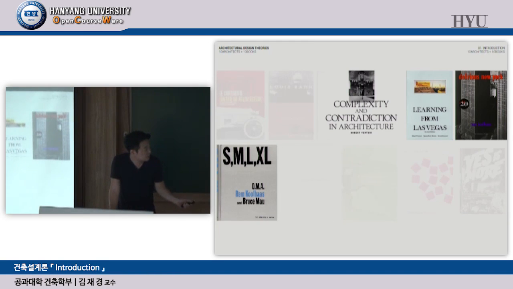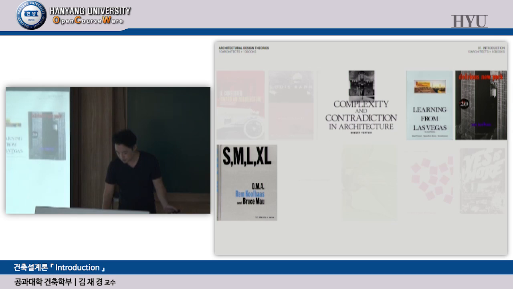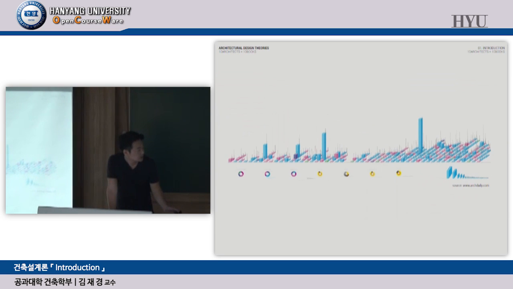Among the 10, these 4 books are very important because this diagram shows a survey of architects and architectural education. When I was studying at MIT, one of the PhD students did a survey of architects and educators in the United States.